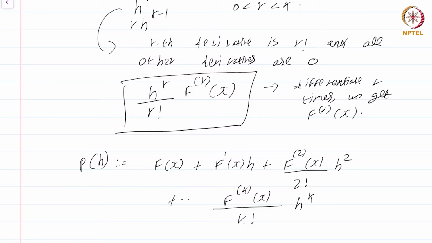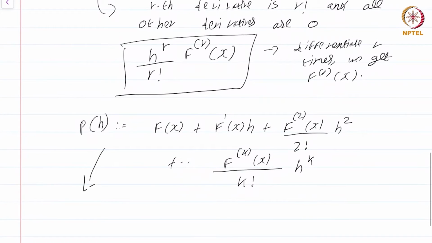Okay, and this is called the kth order Taylor polynomial of f at x.